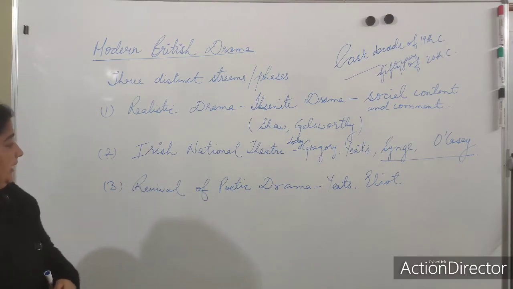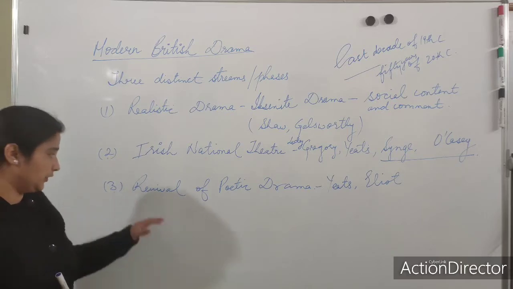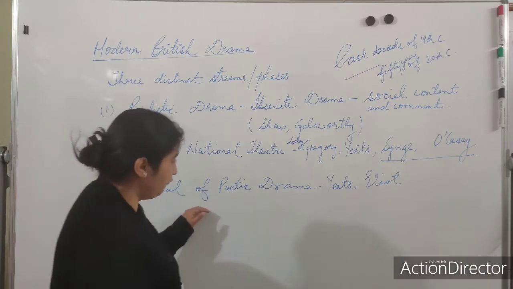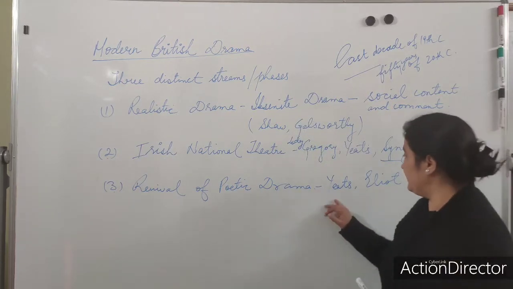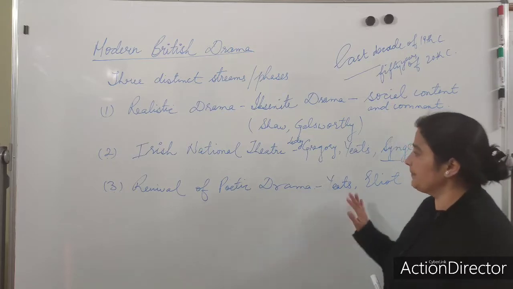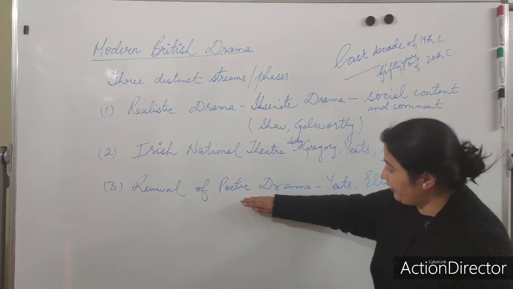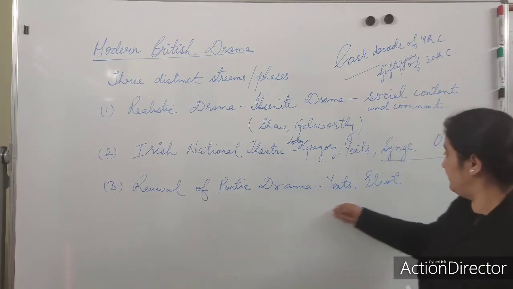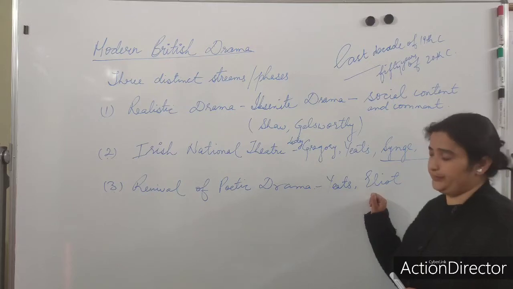Clear? And last in this category, in this stream, is your revival of poetic drama, which was done by W.B. Yeats and T.S. Eliot, Thomas Stearns Eliot. So they revived poetic drama. Now you have a poetic drama in your course by T.S. Eliot, that is Murder in the Cathedral, right?